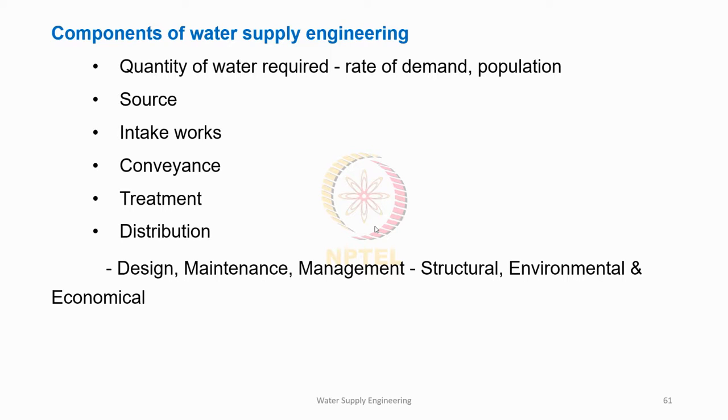Depending on that, we'll fix up a source which meets our requirements quality wise as well as quantity wise. It should meet the standards prescribed by IS, Indian Standards, as well as CPHEEO, all the standards it should meet, and then we'll fix up the source. Then we have the intake works.